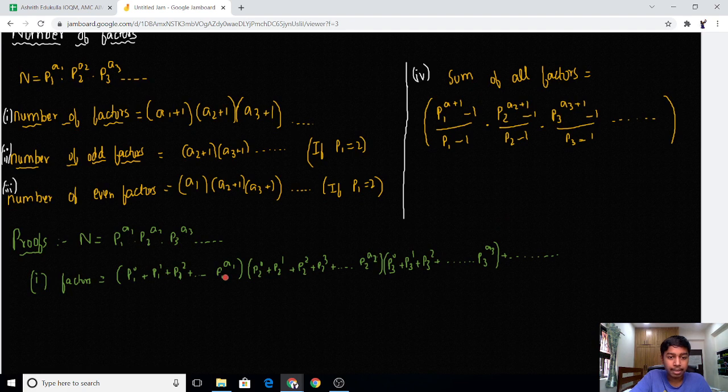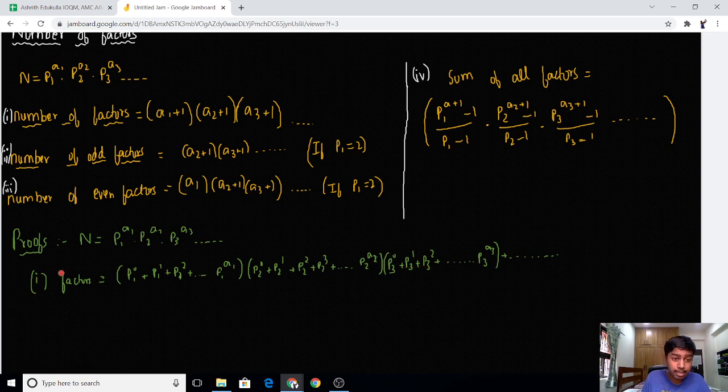I'm going to write the factors as p1 power 0 plus p1 power 1 plus p1 power 2 and so on. I'm writing the powers of p1 as 0, 1, 2, 3 up to a1, and for p2 also I'm going to write p2 power 0, p2 power 1, and so on till a2, and for p3 also.